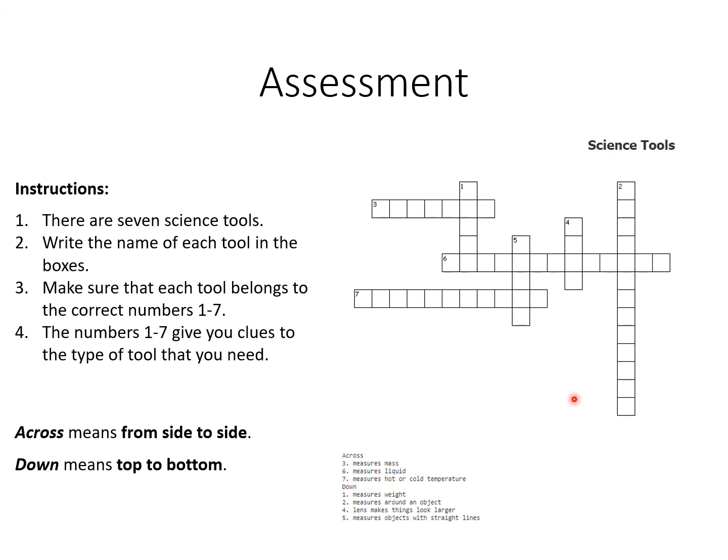This is number 6, and it's across. And right here in the boxes, I have to write the name of the science tool that measures liquid. And you're going to do exactly the same thing for everything else, okay? The numbers 1 through 7 give you clues to the type of tool that you need. Remember, across means from side to side, and down means top to bottom.